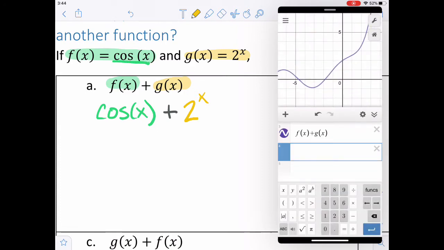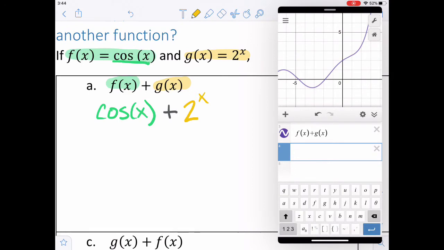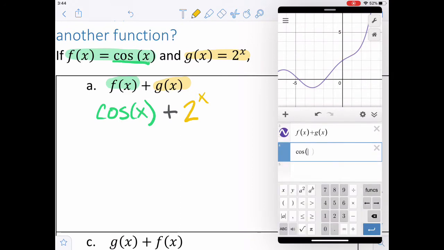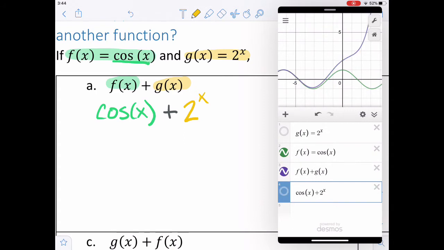And so if we graph what we got, so cosine x plus 2 to the x, we get the exact same thing. Notice they overlap. That black and purple function overlap because they're the exact same thing. So this is a good way to check what we're doing.